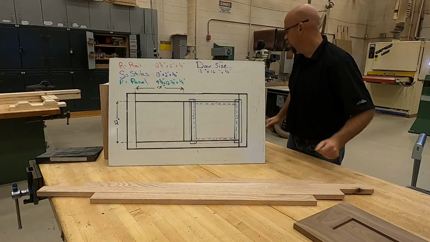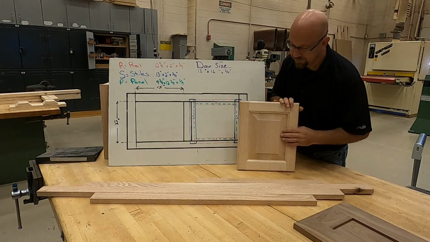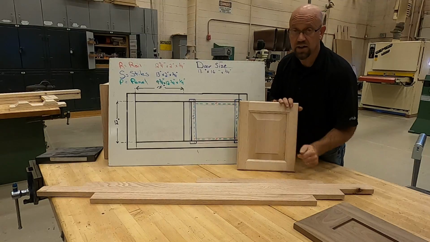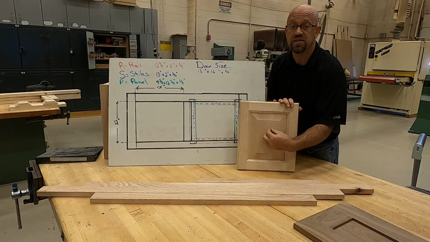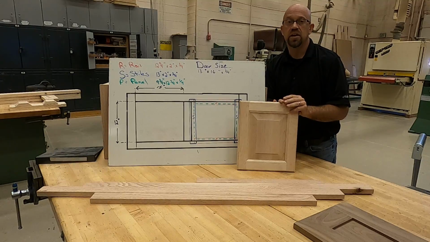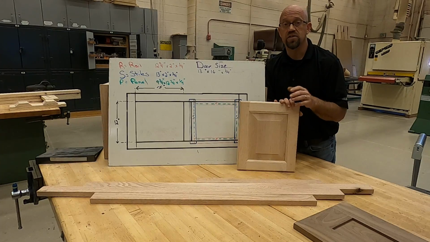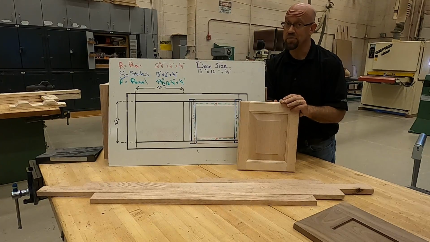If we were making a raised panel where the panel is made out of solid material, where it has to expand and contract through the seasons, especially here in Michigan. In the summertime, it's not uncommon for us to have 80, 90, even 100% humidity. And in the winter, it's very common for it to be 0% humidity, especially in February, if you remember.